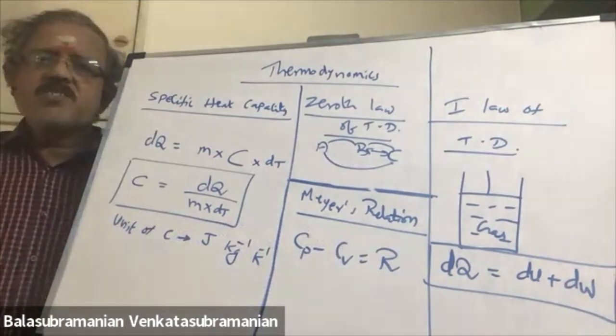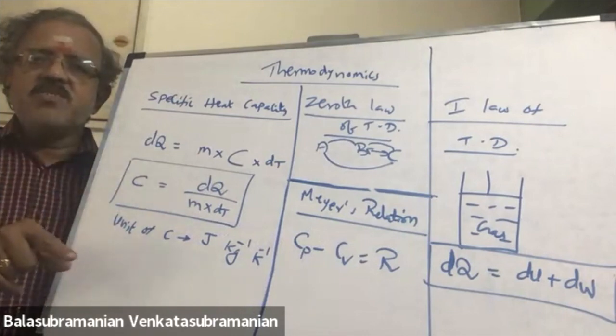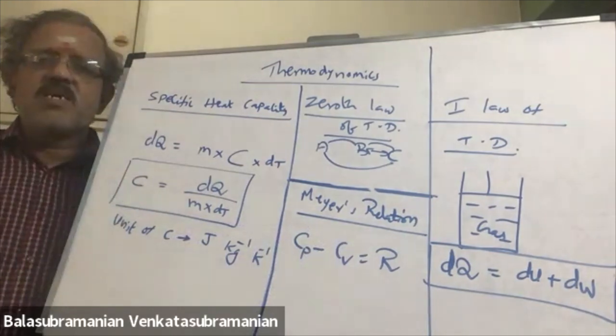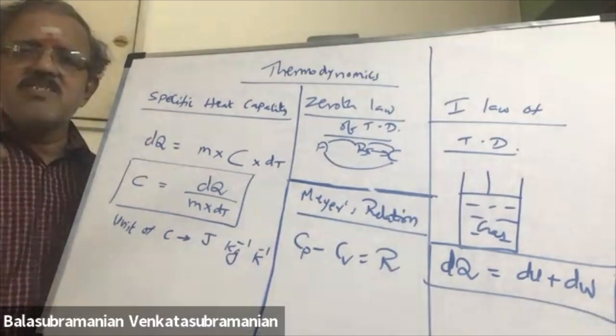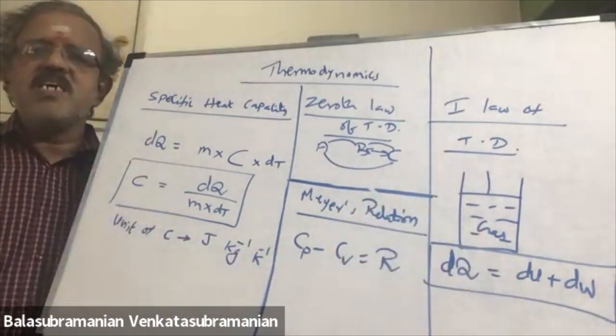You have one process, a cyclic process. Cyclic process means the system will come back to the normal after doing some work. That is called a cyclic process. So in a cyclic process, change in internal energy is zero.